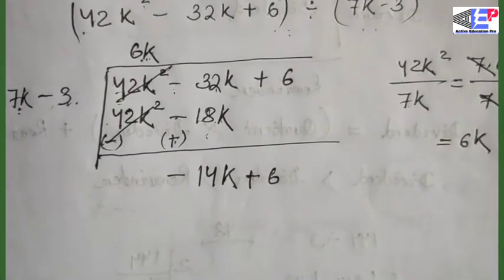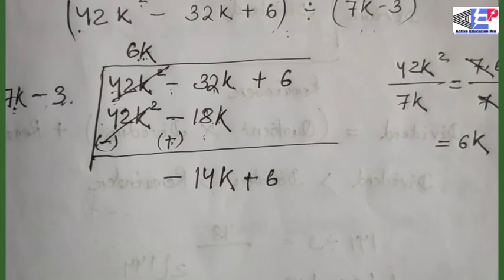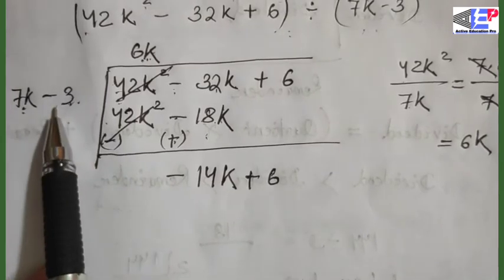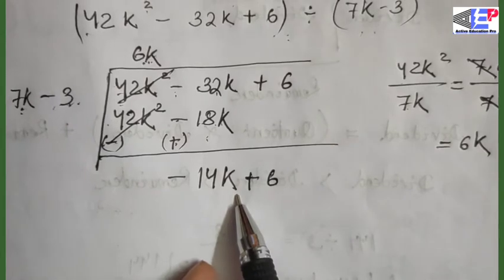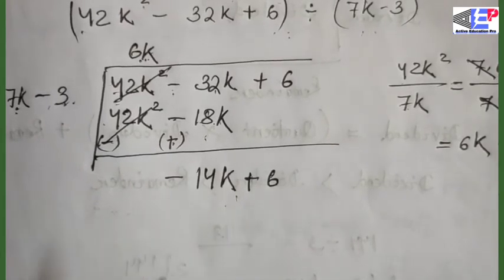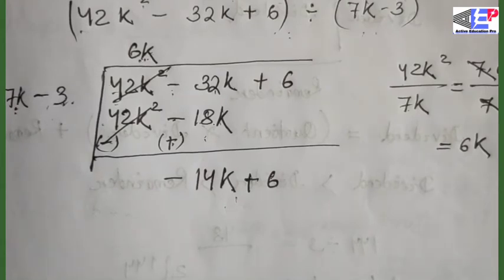As per our numerical calculation, at the time of division, we always check the remainder. If the remainder is greater than the divisor, then we again divide the remainder. Otherwise, if the remainder is smaller than the divisor, then the remainder is kept as remainder. We cannot divide any more.